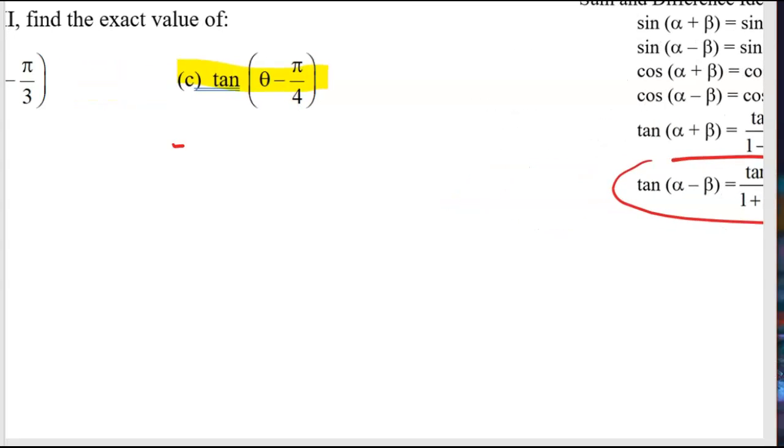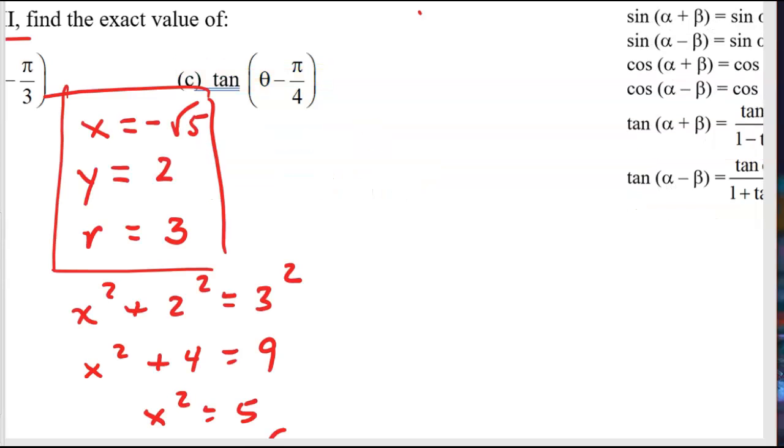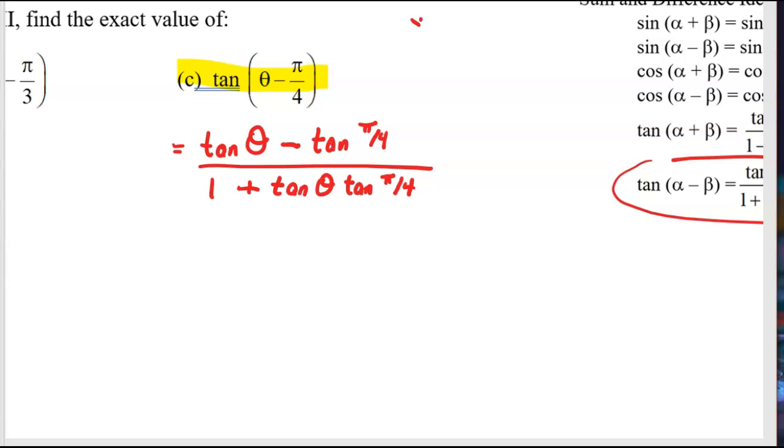We have tangent of theta minus tangent of pi over 4 all over 1 plus tangent of theta times tangent of pi over 4. Now, let's go back to that original and look for x and y. So what were x and y? 2 over negative root 5. So y is going to be 2.